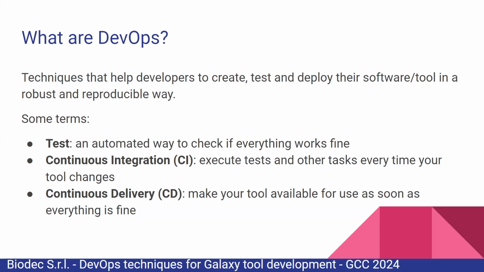And there are automation procedures like continuous integration and continuous delivery, automated procedures that do something for you. If you followed yesterday's Bioconda tutorial, everything that was explained there is using this kind of technology.